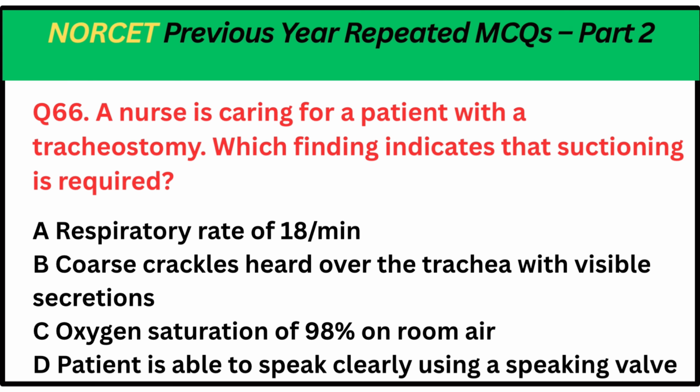A nurse is caring for a patient with a tracheostomy. Which finding indicates that suctioning is required? Your correct option is option B, coarse crackles heard over the trachea with visible secretions. Moving to the next question, question number 67.